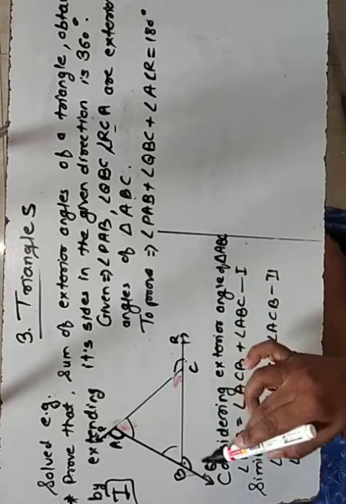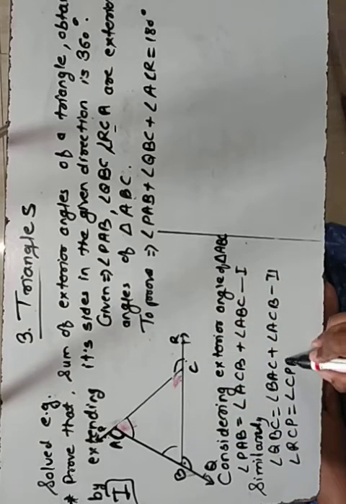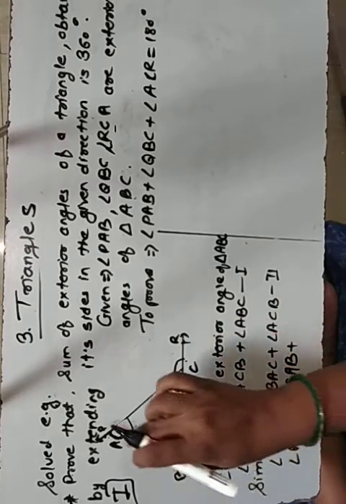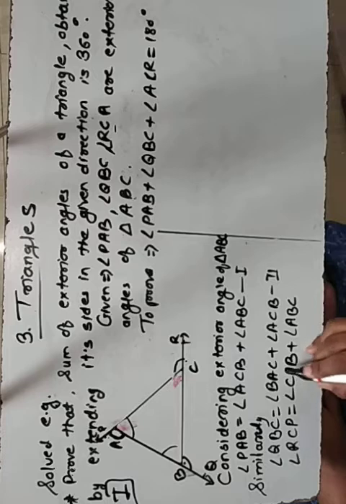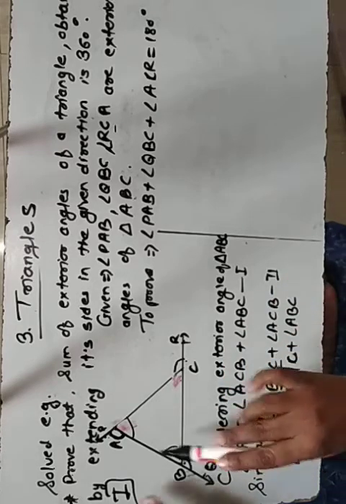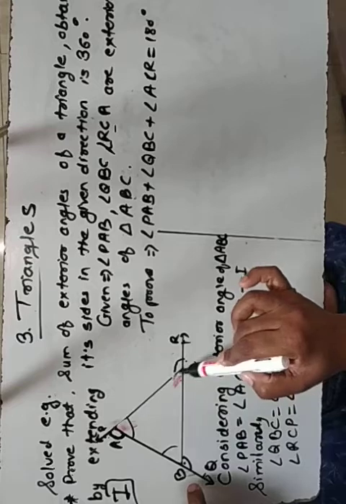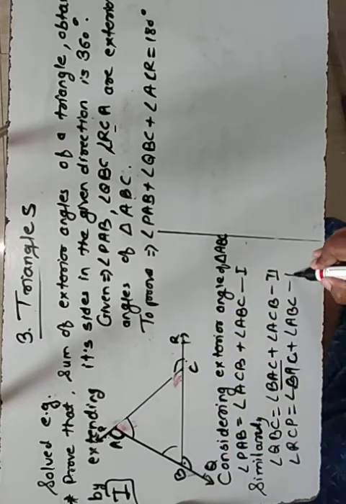So RCP is equal to angle CAB plus angle ABC. Here I will write BAC, otherwise you will get confused. You can read it BAC or CAB, anyway. So that is our third.